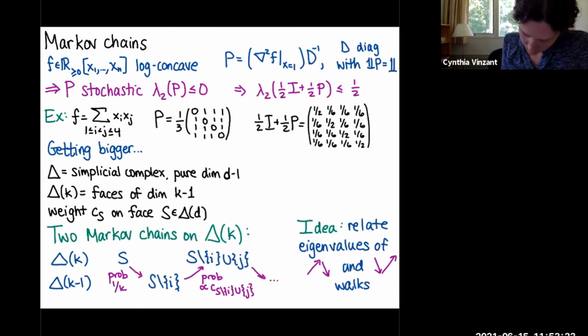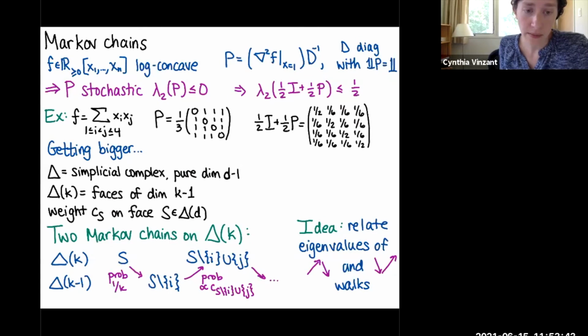If I start with some subset of size k, then I can do exactly the same as before. I can drop one of its elements uniformly at random. This gives me a subset of size k-1. And then I can add back in an element with some probability associated to the mystery weight. And I can keep going.